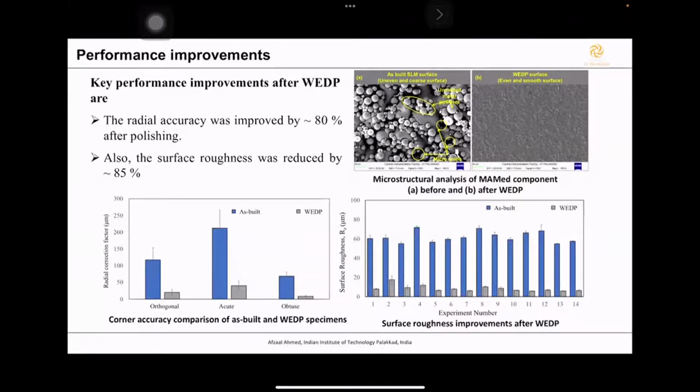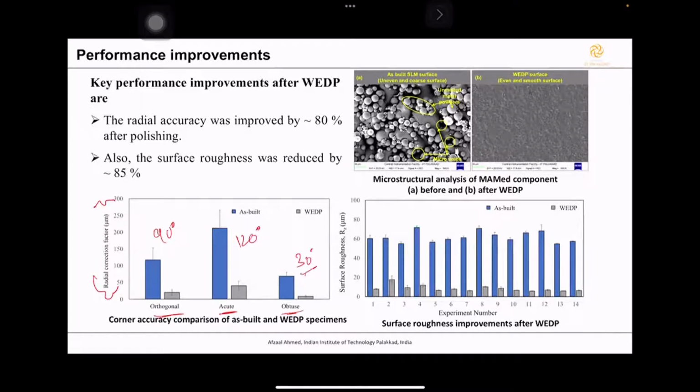So you see, this is the as-printed sample, and this is the polished sample. At the same time, we have reduced the dimensional inaccuracy. This is the radial correction factor. You can see the radial correction factor for all the different angles: acute, obtuse, and orthogonal. So this is 90 degrees, I think this is 120 degrees, and this is 30 degrees.